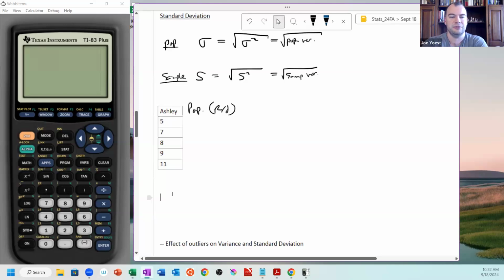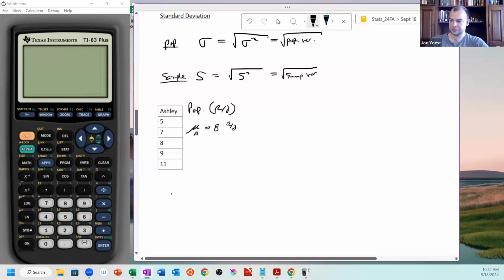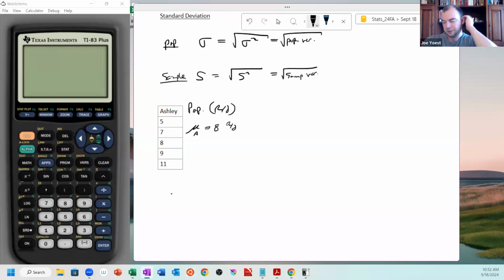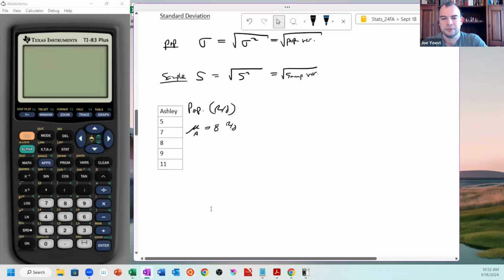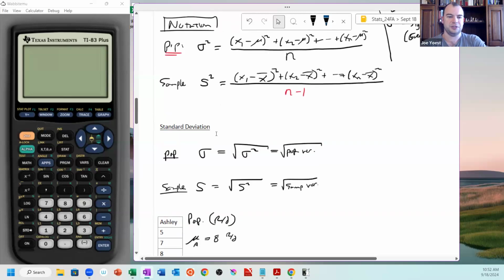In order, they are 5, 7, 8, 9, 11. We know that the mean for the Ashley data was 8 returns per day. Our goal is to compute the variance and the standard deviation.